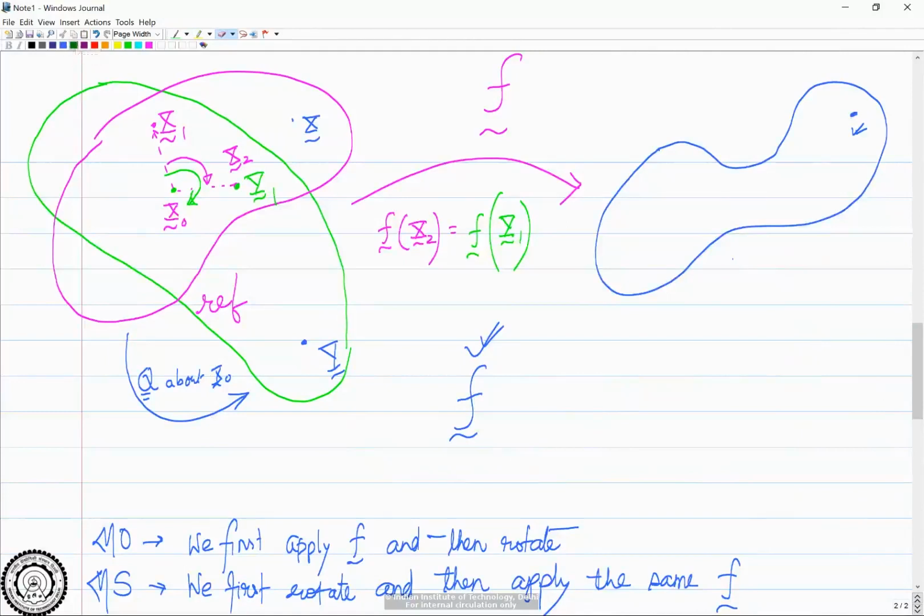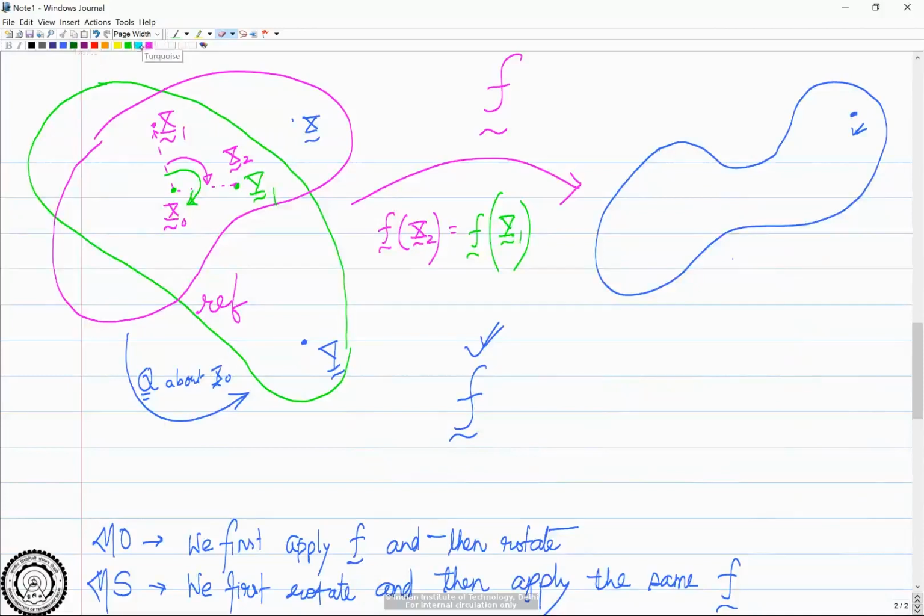Let us say green. And so you can see that big X naught remains at big X naught. So big X naught will go to the same point finally.